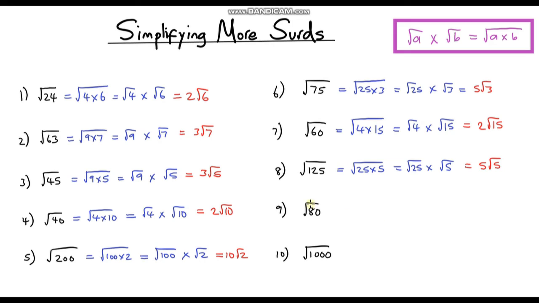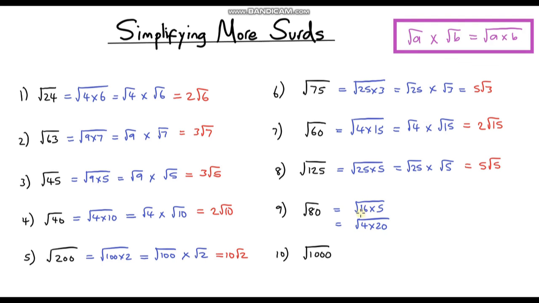Okay, we're almost done. We've got 2 questions left. So 80, well, this is 40 times 2. We could do 20 times 4, which would work, but I can see that 16 is also a factor of 80. So let me just write down the 2 options we could have chosen. So we could do 16 times 5. That does give us 80. Or we could also do 4 times 20. That also gives us 80. And notice we've got 16 and 4.